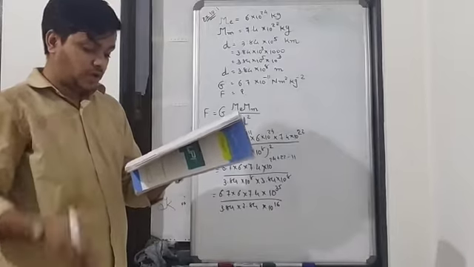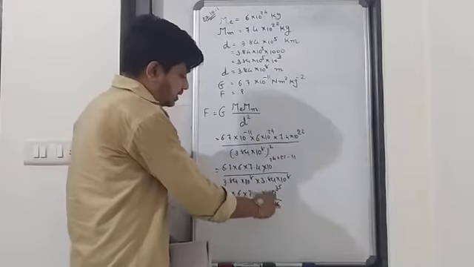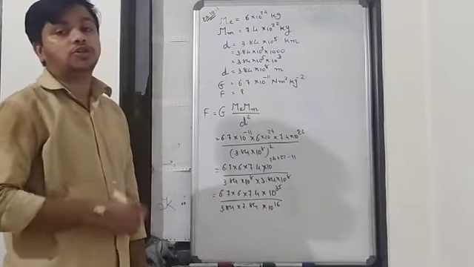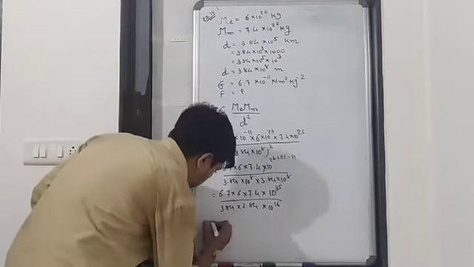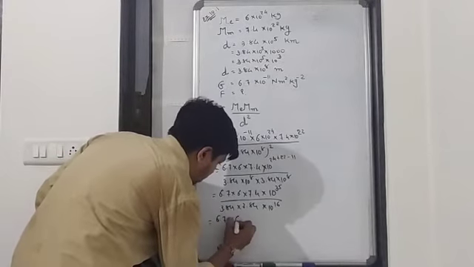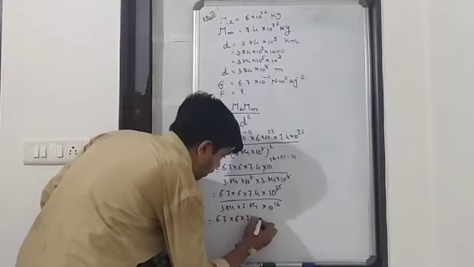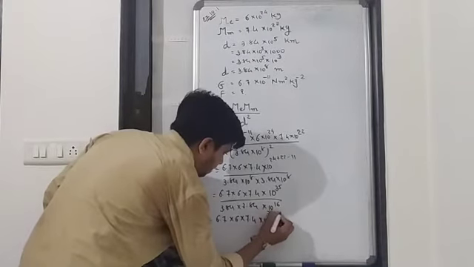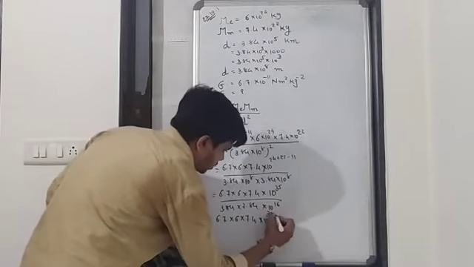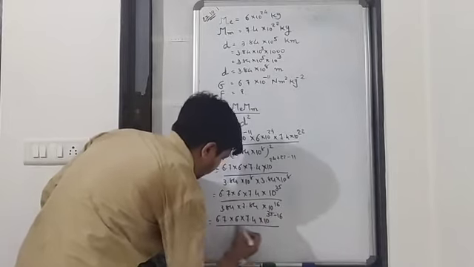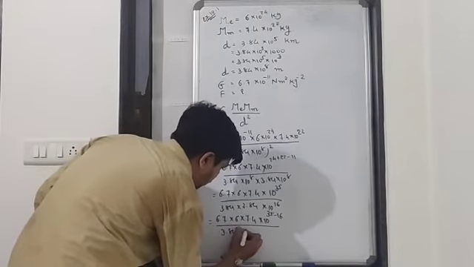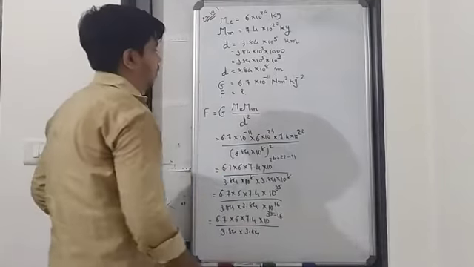Now what you have to do? Now these are a division, so the power should be subtracted. So it gives you 6.7 into 6 into 7.4 into 10 raised to 35 minus 16, divided by 3.84 into 3.84.